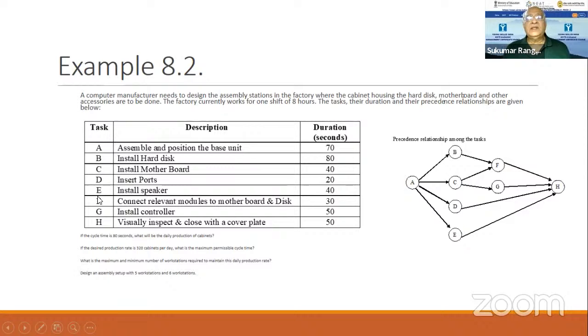Install speaker, connect relevant modules to motherboard and disk, install the controller, visually inspect and close the cover plate.